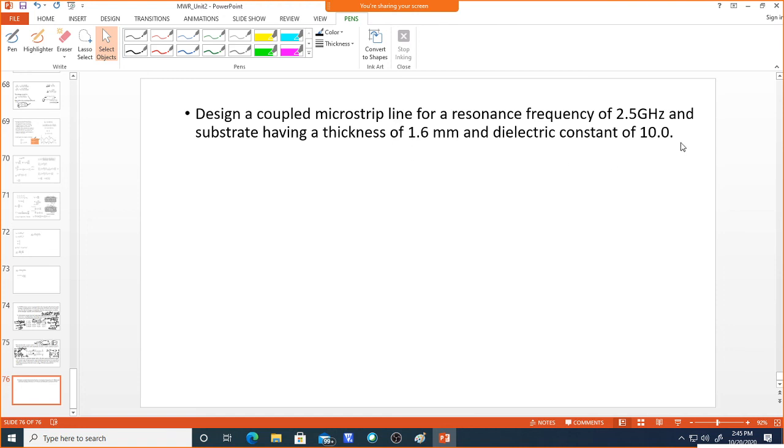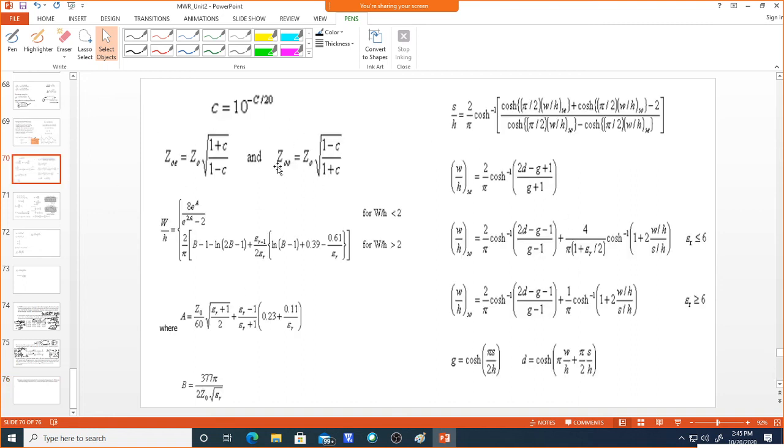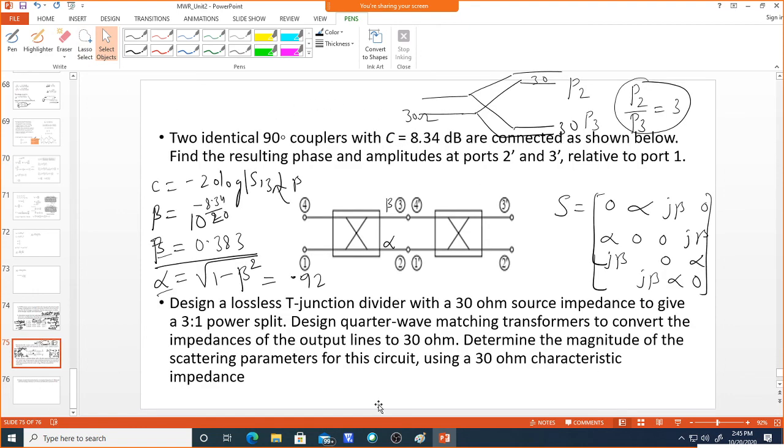I will show the design for one dielectric constant, and if it is asked for different dielectric constants, you need to find it out. Okay, so by using the same equations which I have shown, we will design the single section coupler. Okay, and also do this problem, so we will see what result you are getting. Okay.